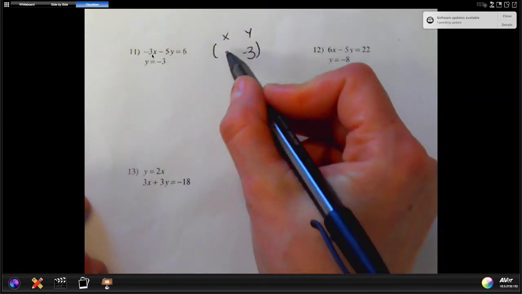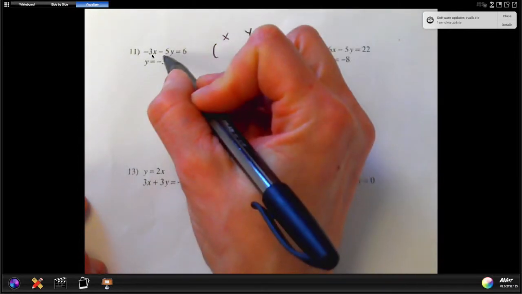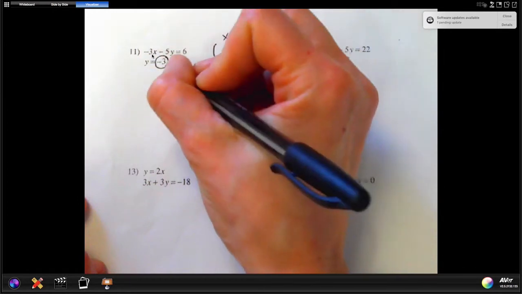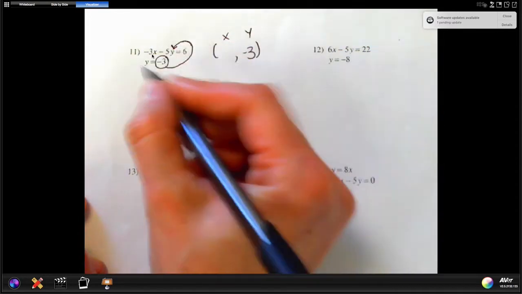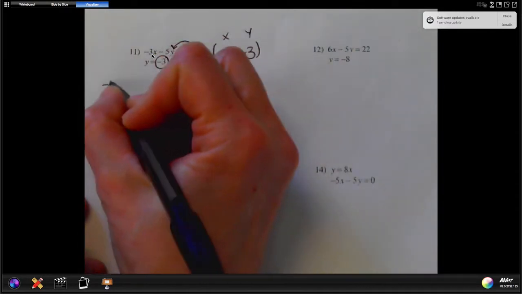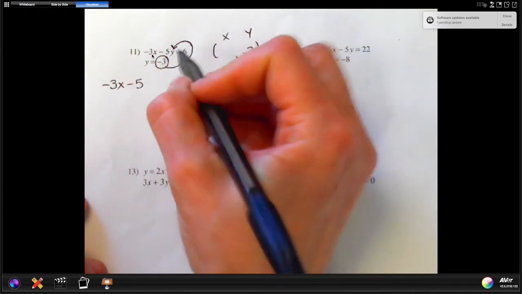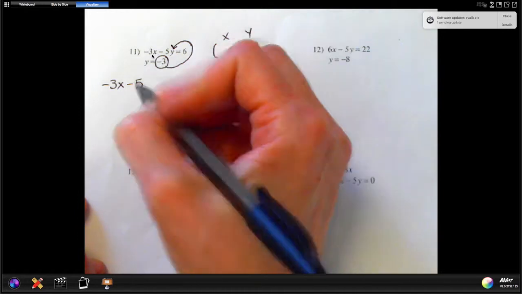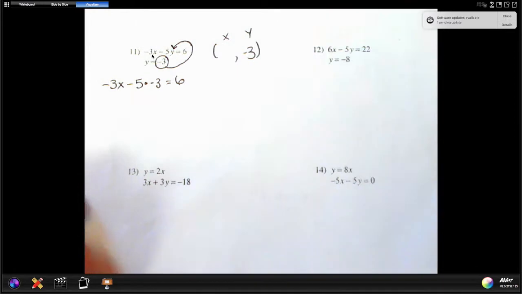Now, to figure out what x is, we learned yesterday that we can substitute. So we want to take that negative 3 and substitute it into the top equation where y is. So we're going to rewrite the equation. Negative 3x minus 5, and instead of putting y now, I'm going to put times negative 3 equal 6.